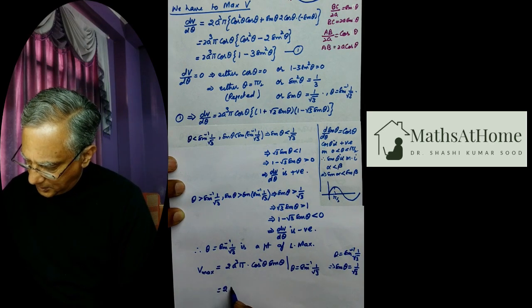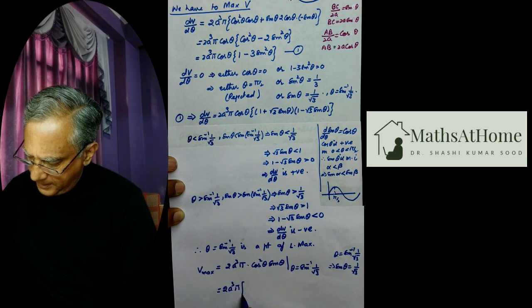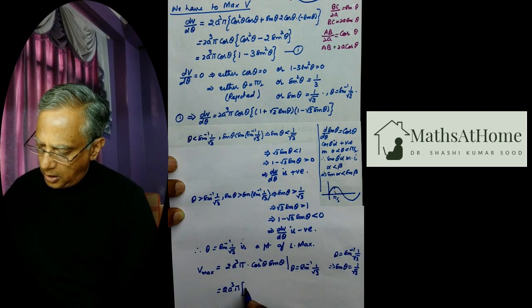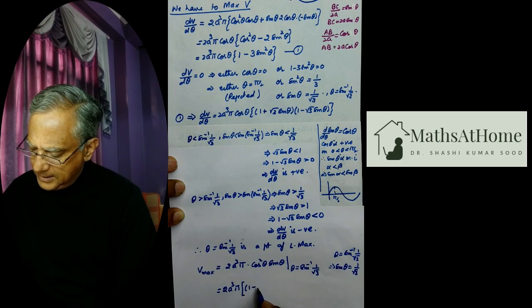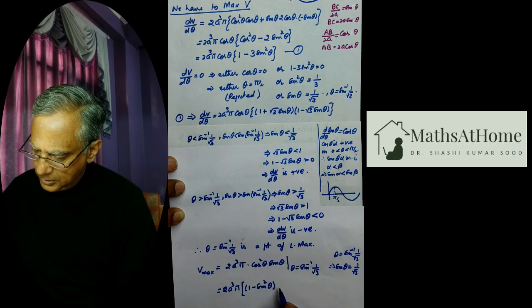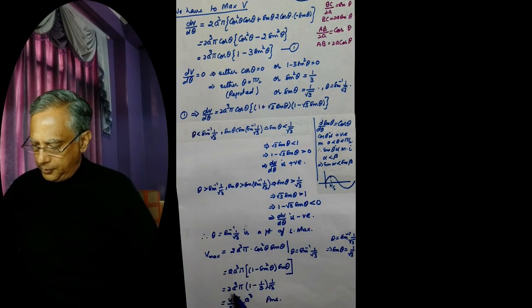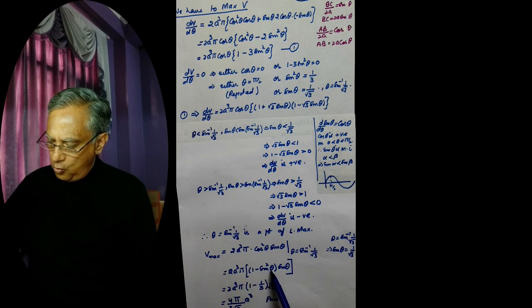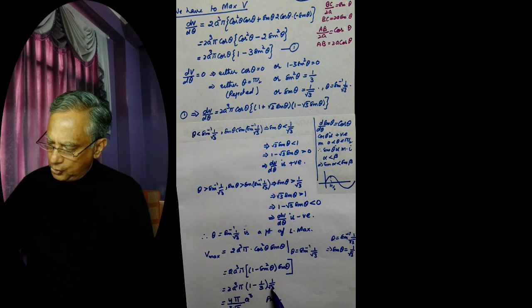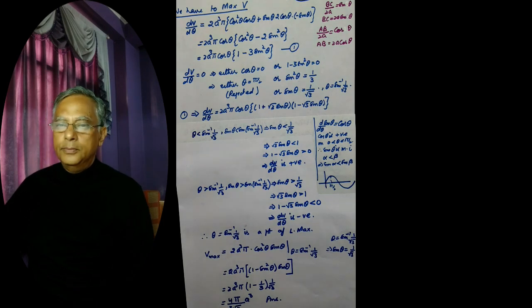And this is equal to 2a cube pi into, now cos square can be written as 1 minus sine square theta, into sine of theta. This is equal to 2a cube pi into (1 minus 1 by 3) into 1 by root 3. So this is 2 by 3. So 2 twos are 4, 4 by 3 root 3 pi a cube. This is the answer.